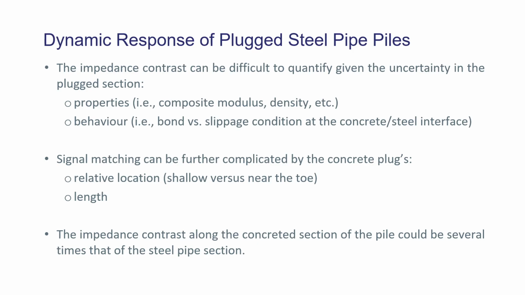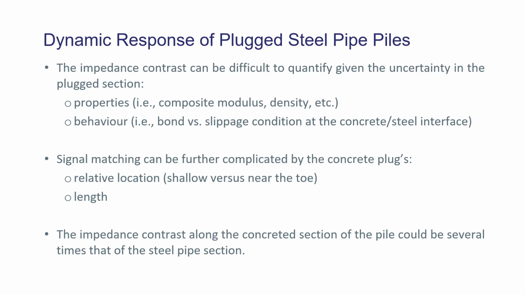We've got a composite modulus issue. Density of the concrete infill, for example, might vary because there's not a lot of control on that. We've also got a behavioral thing where we don't know if we've got bond, or what the bond is like between the steel and the concrete. We have potential for slippage at the concrete steel interface and so on.